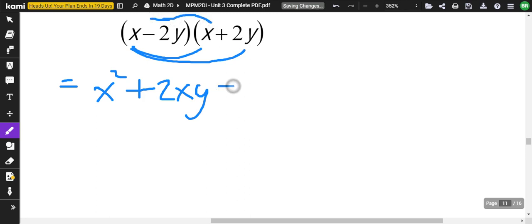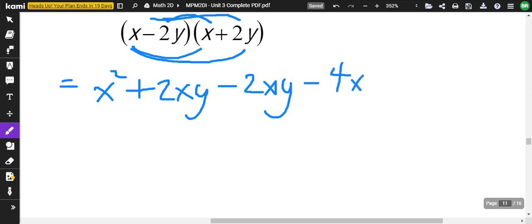Negative 2y times x, that's negative 2xy. And then negative 2y times 2y is going to be negative 4x. No, sorry, negative 4y squared. All right, cool.